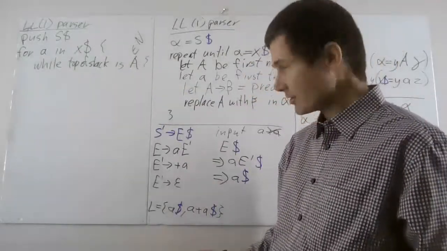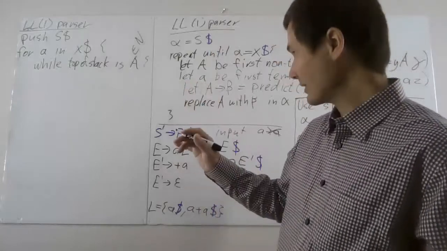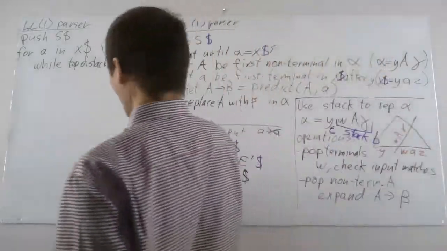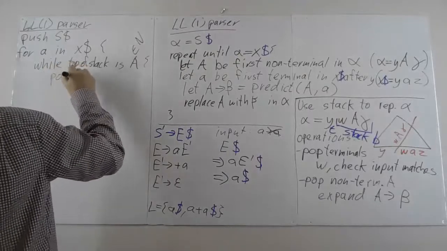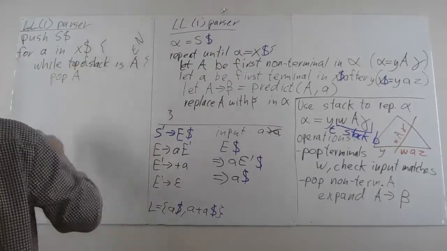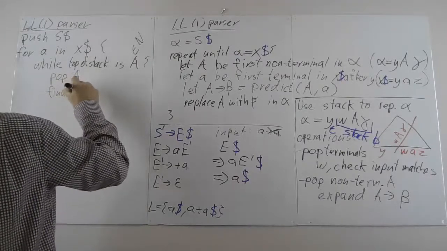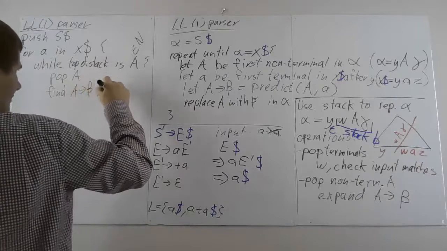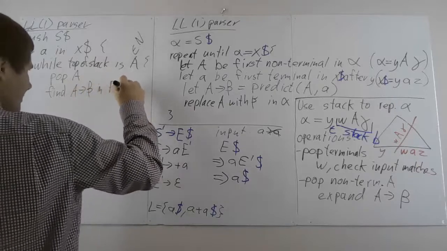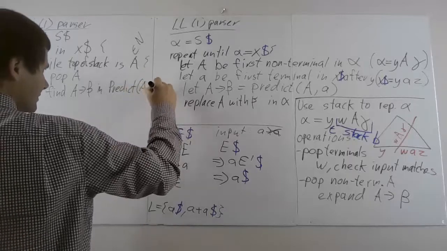Okay, so if the top of my stack has a non-terminal, then what am I supposed to do? Well, I'm going to pop A off the stack. I'm going to find the right production rule, A goes to beta in predict of big A, little a.